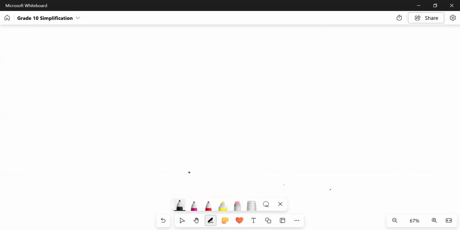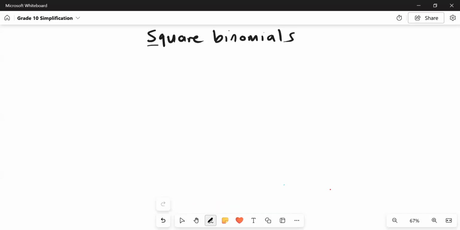So you have square binomials now. Square binomials. So basically here, it's same as the FOIL method.